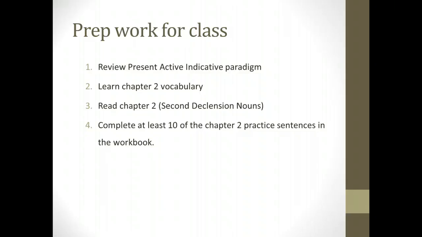So what I want you to do is, first of all, review the present active indicative paradigm that you did for the verbs last week in Chapter 1: o, eis, ei, omen, ete, ousi. Make sure that you've got those down. Do your best to learn the vocabulary from this chapter, all right? And also give the chapter a good read over just to review what I taught you here today. And then I would like you to attempt to complete at least 10 of the Chapter 2 practice sentences that are in the workbook.